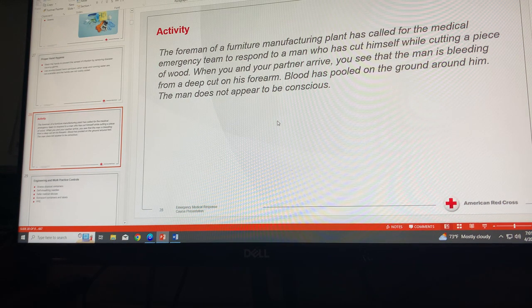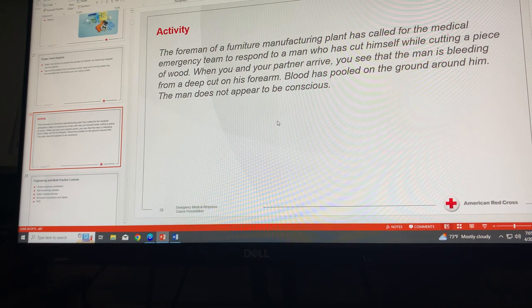So this is an activity that we're going to discuss in person, okay? I'm going to give you a scenario here, and we need to meet in person to discuss this, but for now I want you to think about it. So here's the activity. The foreman of a furniture manufacturing plant has called for the medical emergency team to respond to a man who has cut himself while cutting a piece of wood.